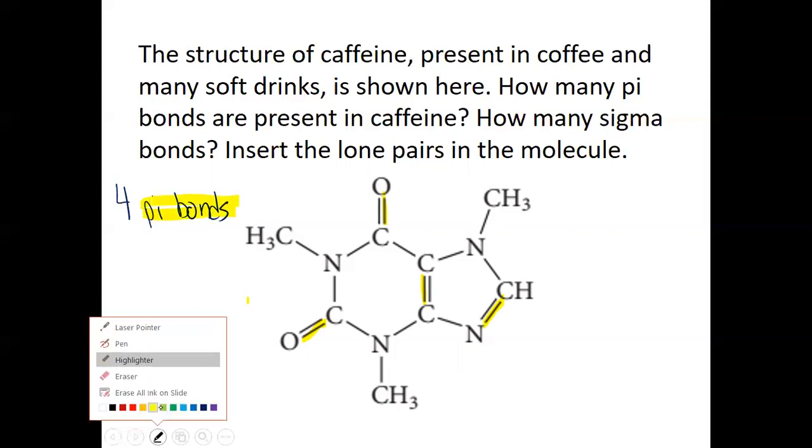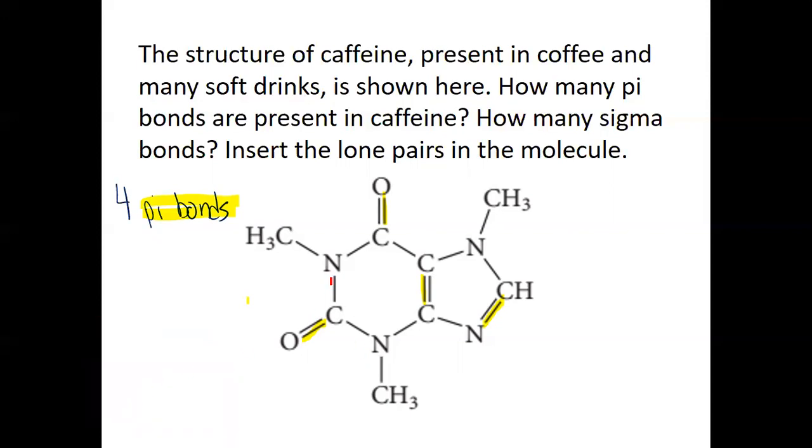And then for the sigma bonds, all of your single bonds are sigma bonds. So 1, 2, 3, 4, 5, 6, 7, 8, 9, 10, 11, 12, 13, 14, I feel like I lost count, 15.